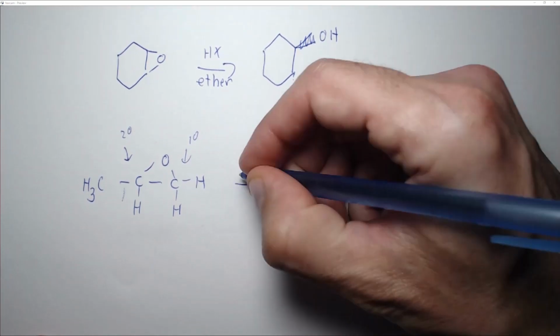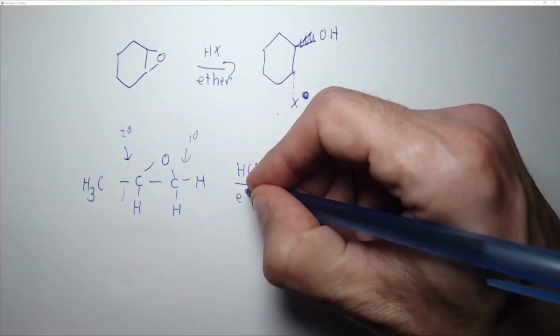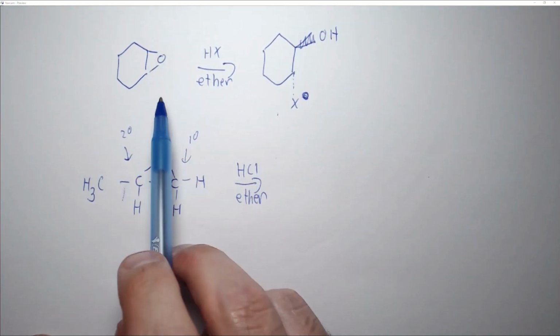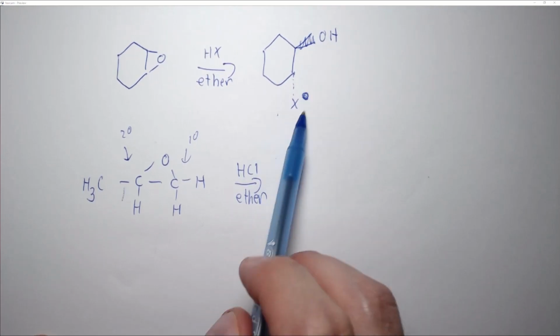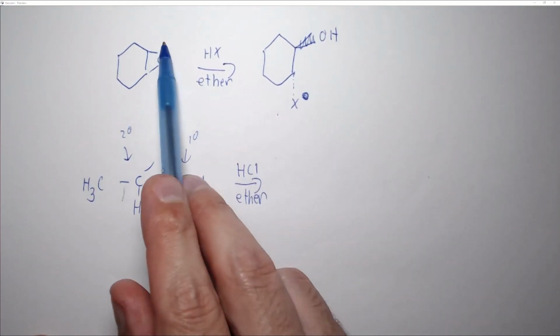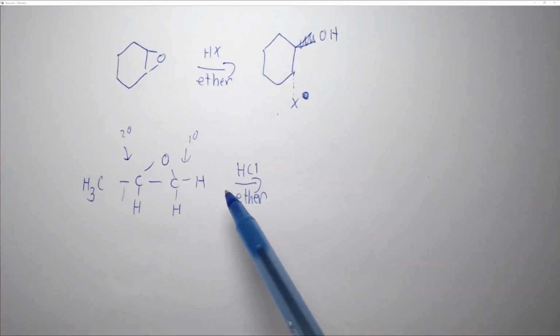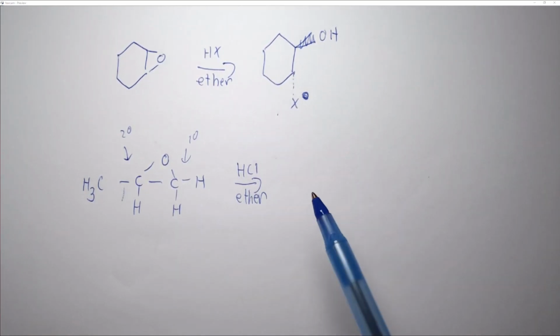So if we add HCl and ether, remember before, one side gets the OH and one side gets the X, like this. Well, which side is which? Here it didn't matter, right? Because both sides are essentially the same. But here it does matter. So let's take a look at what's going to happen.